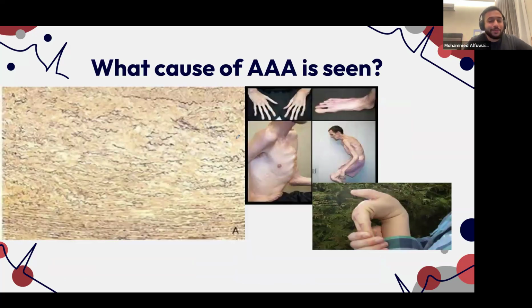Now, what cause of abdominal aortic aneurysm is seen in this patient, or thoracic even? Marfan, which causes what in the aorta? What happens to the walls? Cystic medial degeneration.